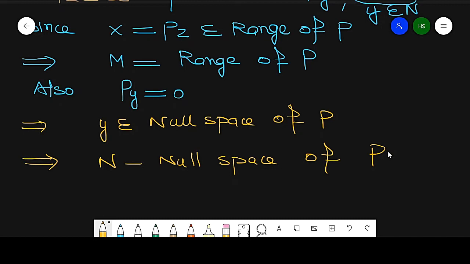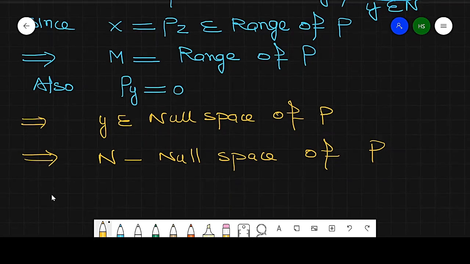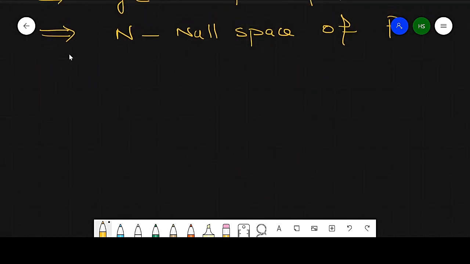Now we further prove that P is idempotent, and then a continuous linear transformation. To prove that P is a projection, my aim is to prove it is idempotent. So P square Z is P of P of Z. What is P of Z?